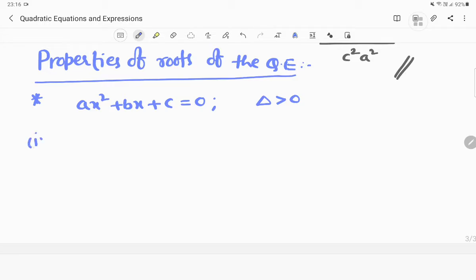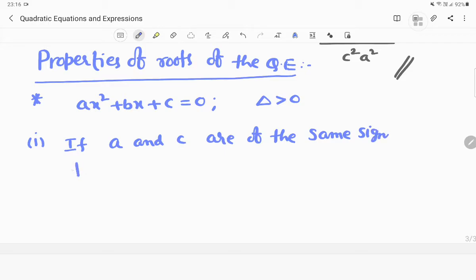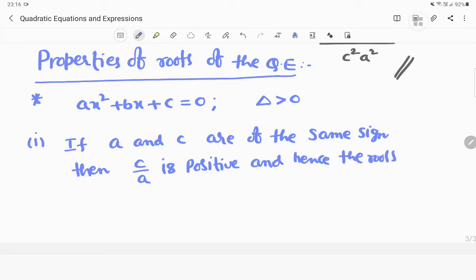Here, if you observe, if the coefficient of x square and the constant, that is a and c, are of the same sign, then c by a, that means the product of the roots, is also positive, and hence the roots have the same sign.